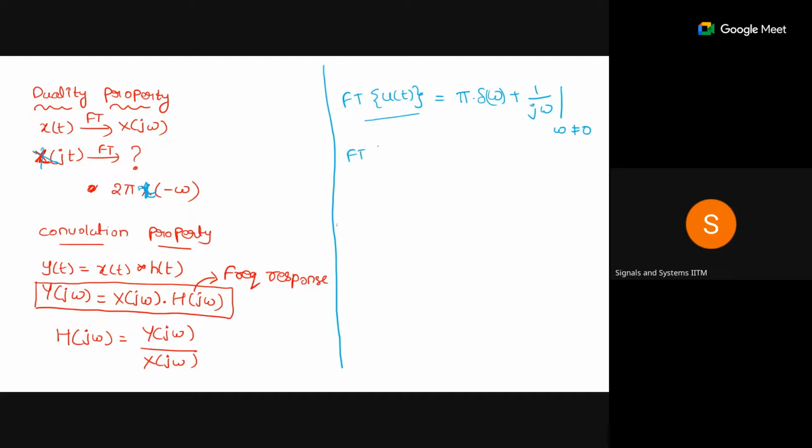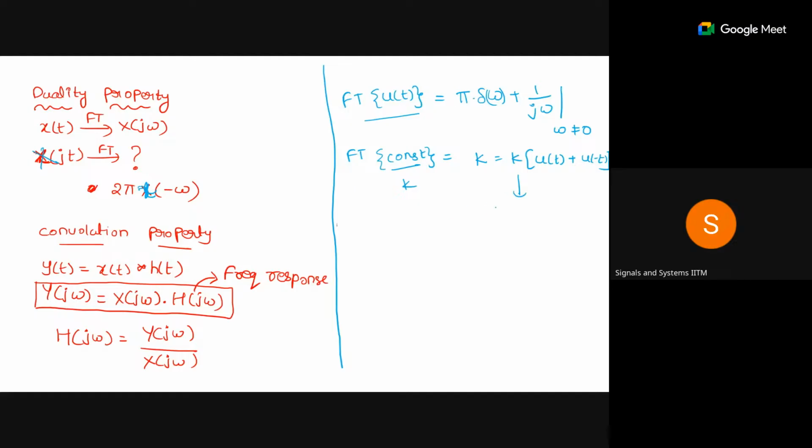Now the Fourier transform of a constant. A constant signal, we'll assume this constant as k, can be written as k times u of t plus u of minus t.